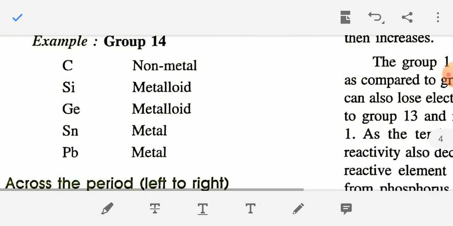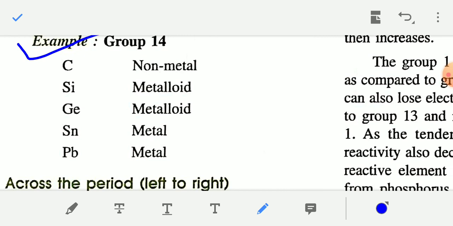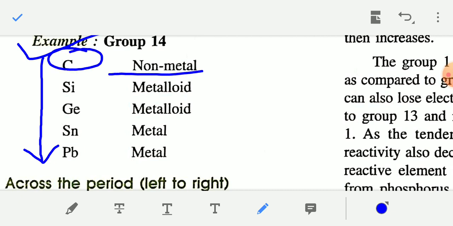For example, group 14 elements are carbon, silicon, germanium (Ge), tin (Sn) and lead (Pb). In this group, carbon is a non-metal.